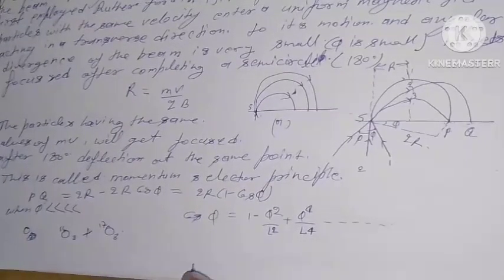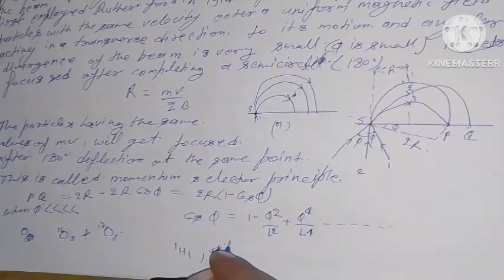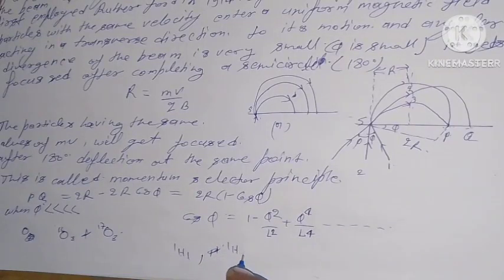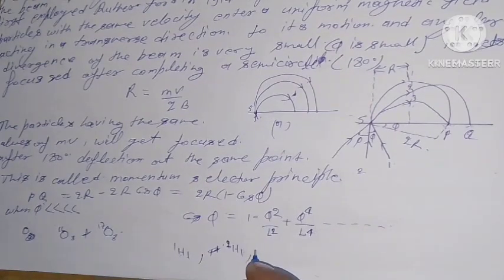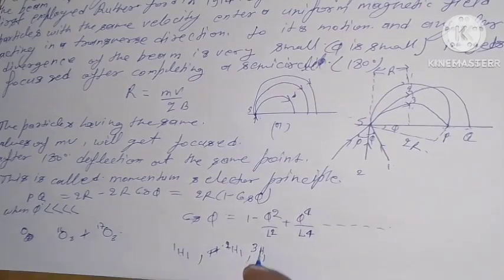Hydrogen has three isotopes: 1H1, that is known as hydrogen, 1H2, that is known as deuterium, and the third is tritium, 1H3.